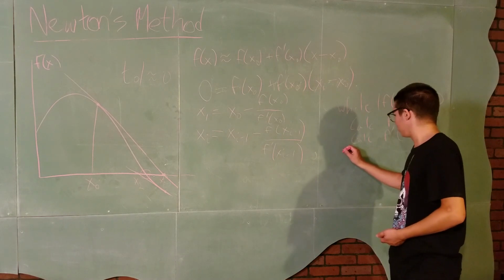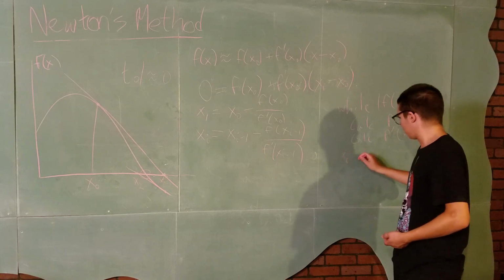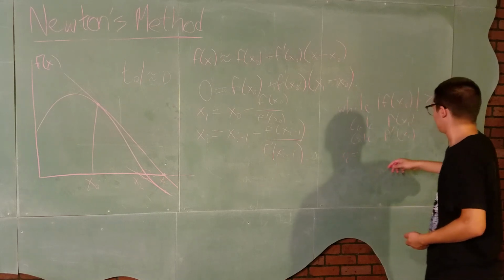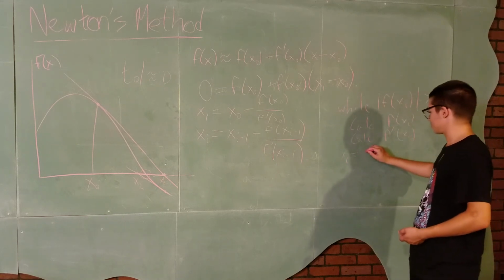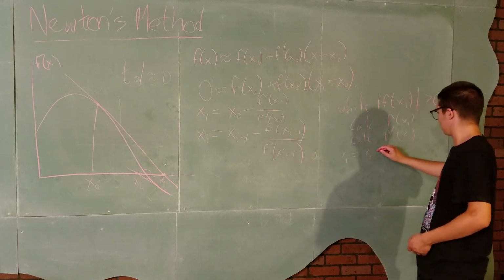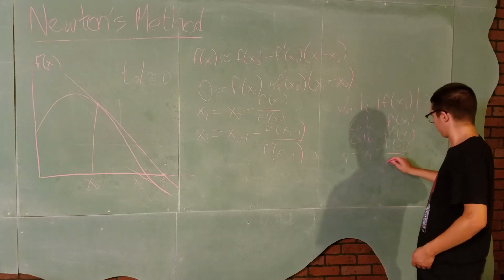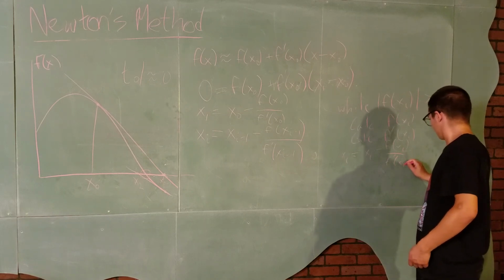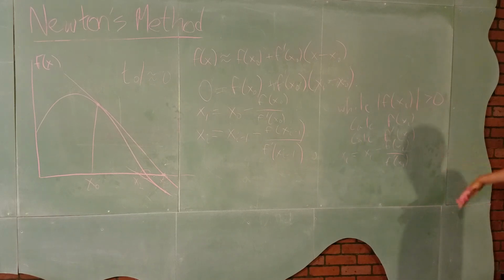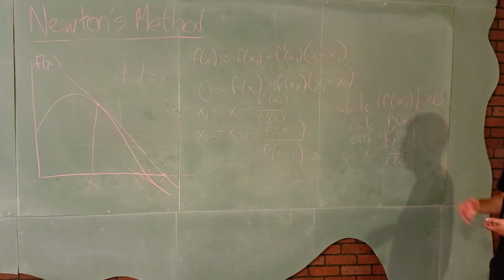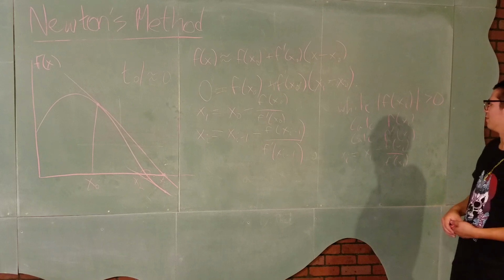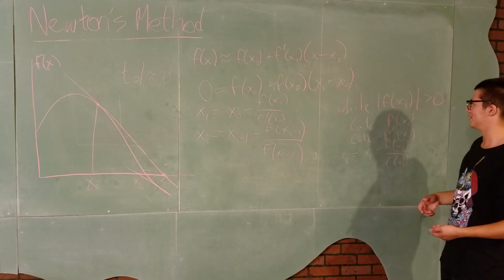So you will set xi equal to xi minus f of xi over f prime of xi, and then you just repeat this process until this condition is met. The absolute value of your function at our value xi is within the tolerance. It's less than the tolerance.